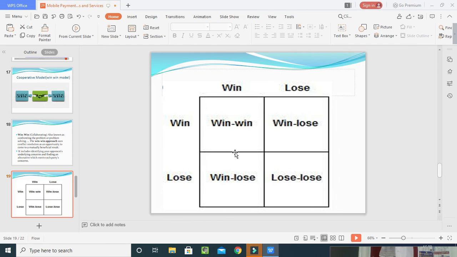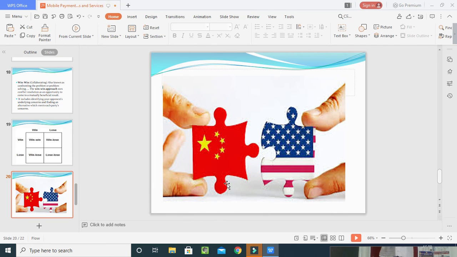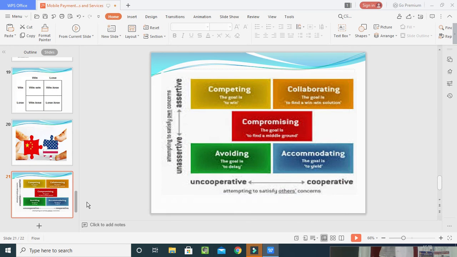So here they find the win-win situation. For example, before coronavirus, America and China were in a war. People were thinking that there would be a war between America and China on the behalf of trade. But what happened? They found an alternate solution and they merged and both are in the win-win situation. If you see this picture, you can understand how it is working.